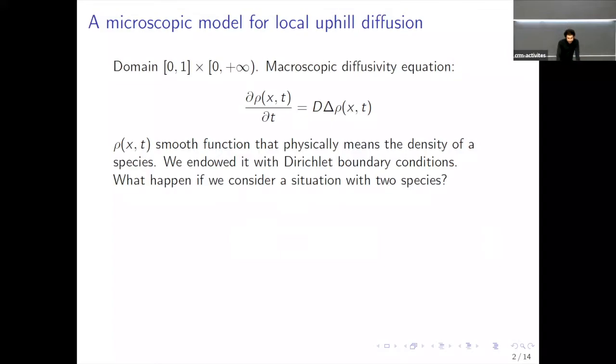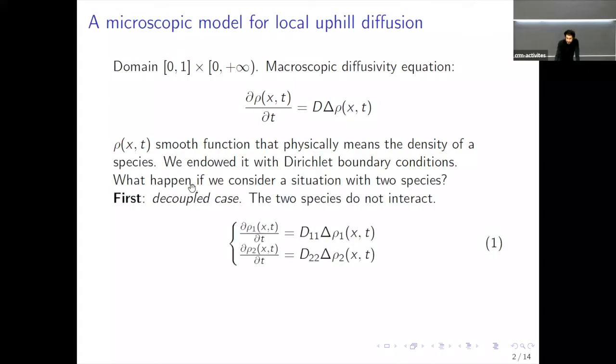And yes, we might imagine three situations. The first one is called the decoupled case. It is decoupled because we have two species, but they do not interact with each other. In some sense they have diffusivity properties that are not interacting, because there is no interaction term in the limiting equations.